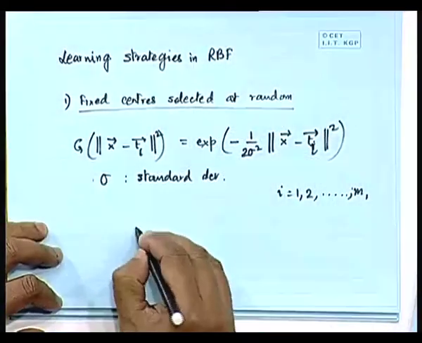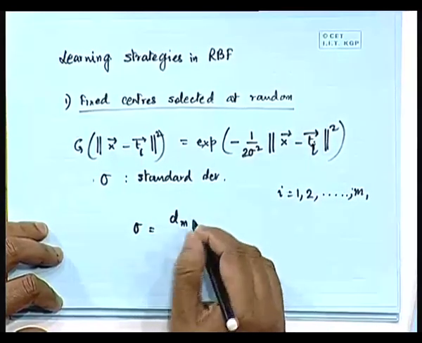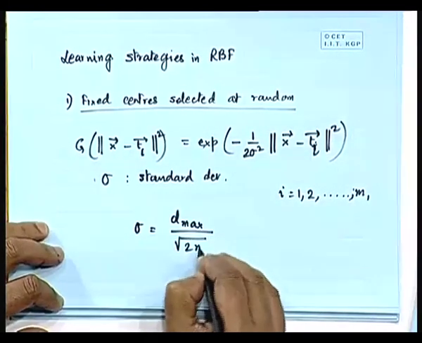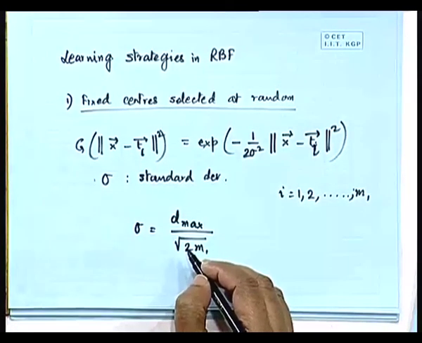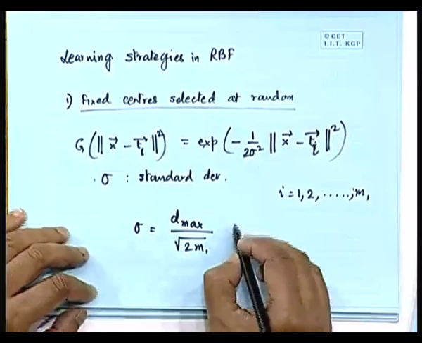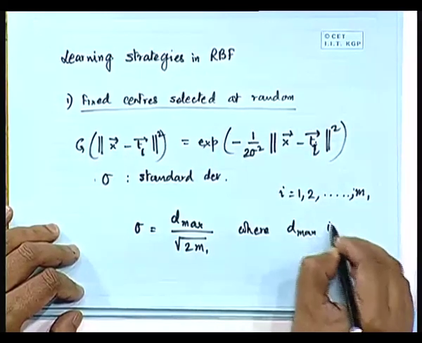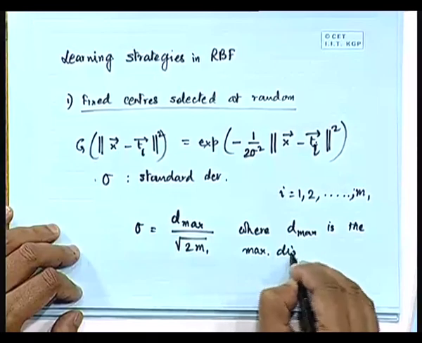In fact, one of the norms which people have followed in choosing sigma is to choose sigma as d max by root over 2 M1, where d max is the maximum distance between the chosen centers.